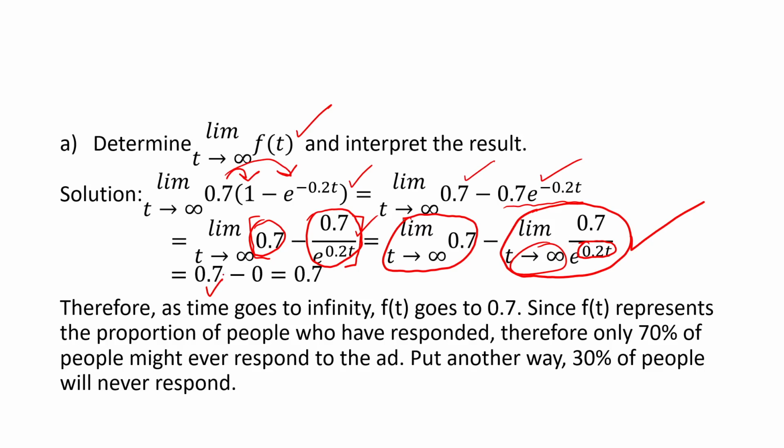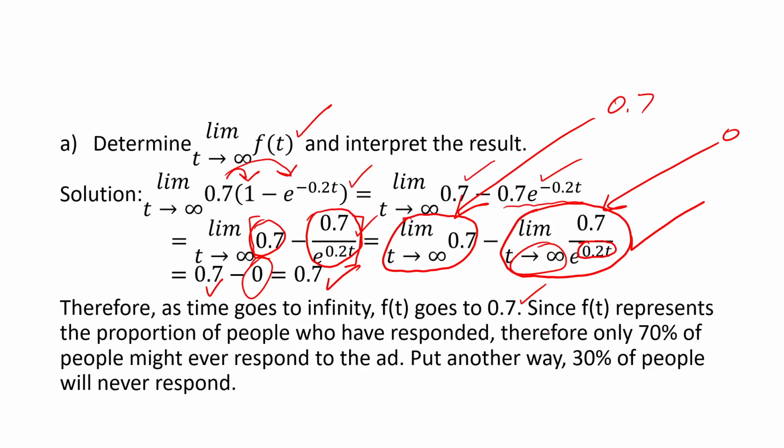So we can safely say that that limit is equal to 0. And that 0 is shown here. So this limit is equal to 0.7, and this limit is equal to 0. So when we get 0.7 minus 0, the answer is 0.7. And so as time goes to infinity, f of t goes to 0.7.